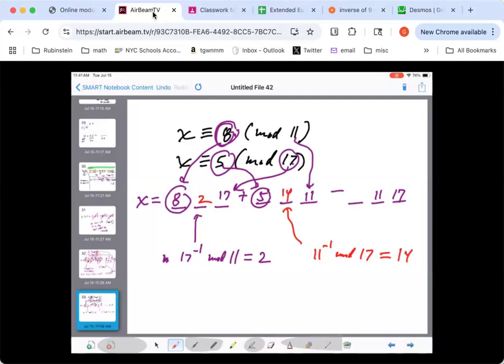Now I get my calculator out and do 8 times 2 times 17 and get 272. And 5 times 14 times 11 and get 770. And add those together.